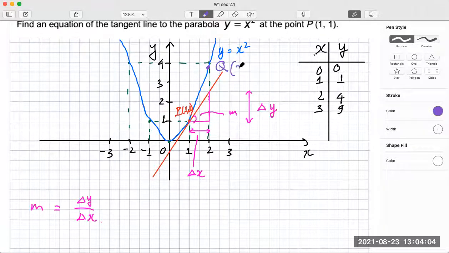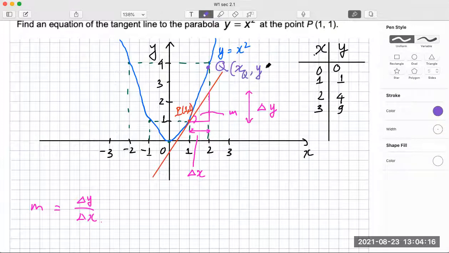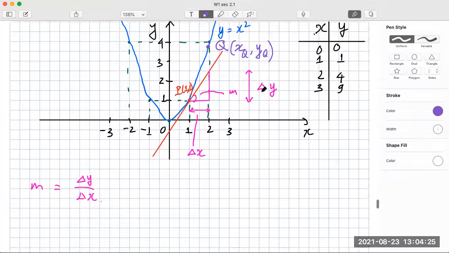Let us call it x1, and Q belongs to this curve, and let us call it y1. Or let us call it xQ and yQ, which are the x coordinate and y coordinate of the point Q here.